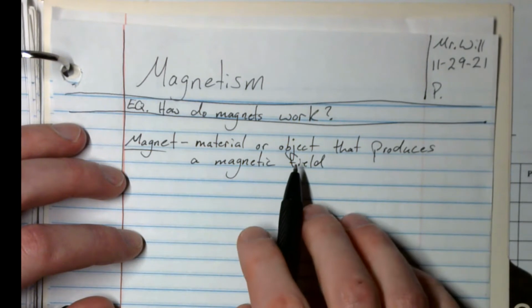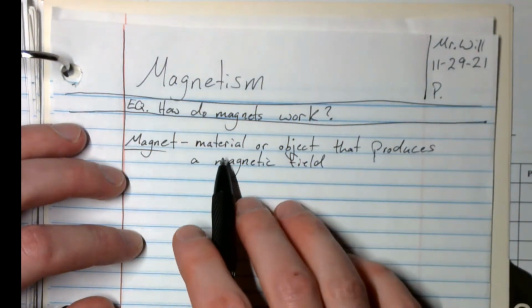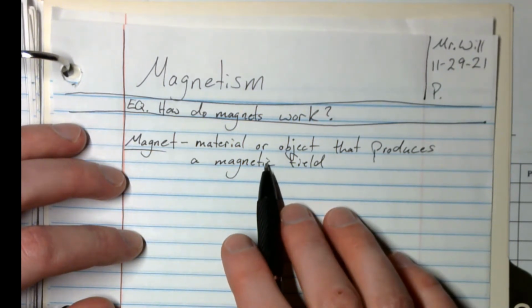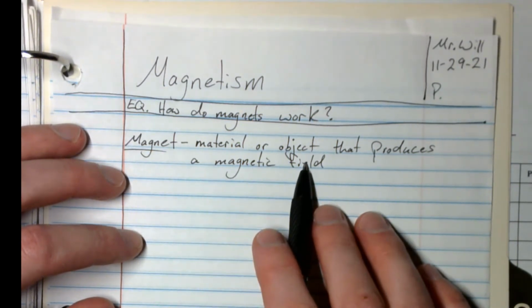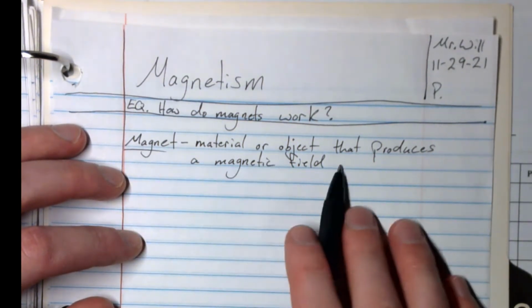And that can be like iron, nickel, or cobalt, or whatever, but it could also be electrically made magnetic fields. And so then it would be an electromagnet, but it's still technically a magnet because it makes this magnetic field.